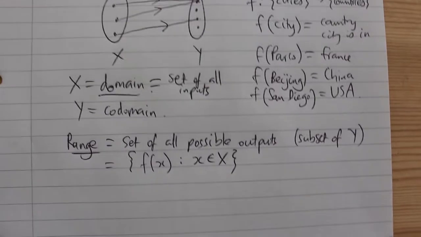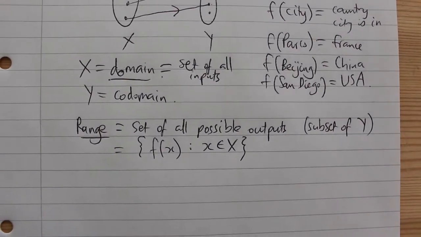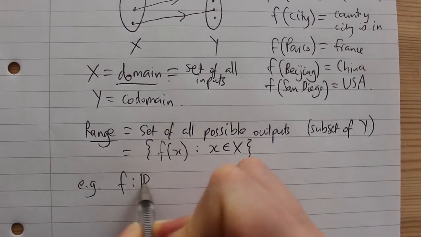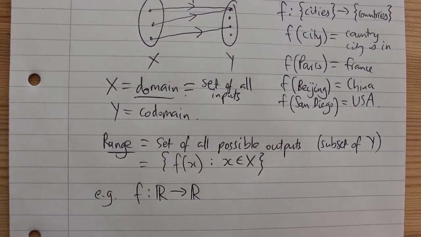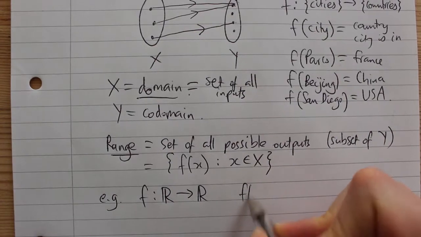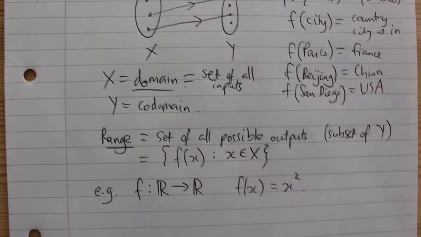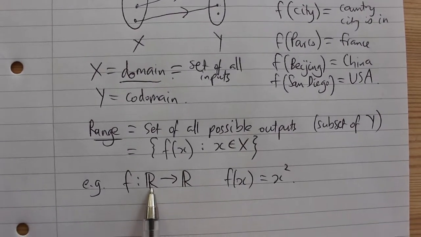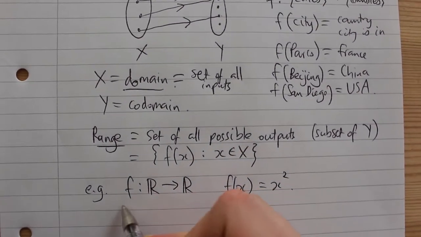So if we think about some more familiar functions, for example, the function from the real numbers to the real numbers, given by f of x equals x squared, then the domain is the set of all inputs, so the domain is all of the real numbers.